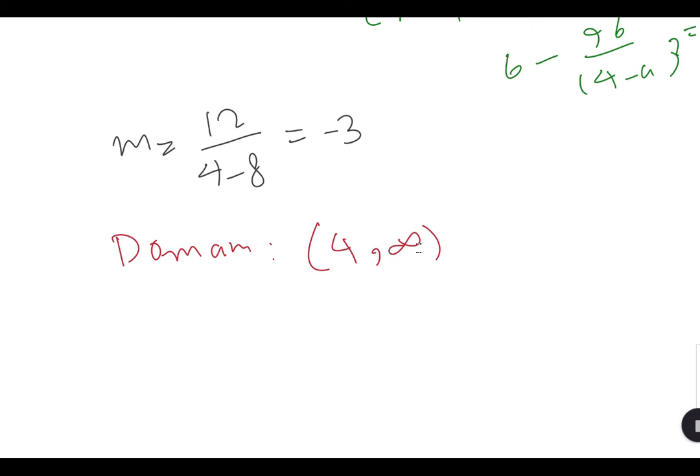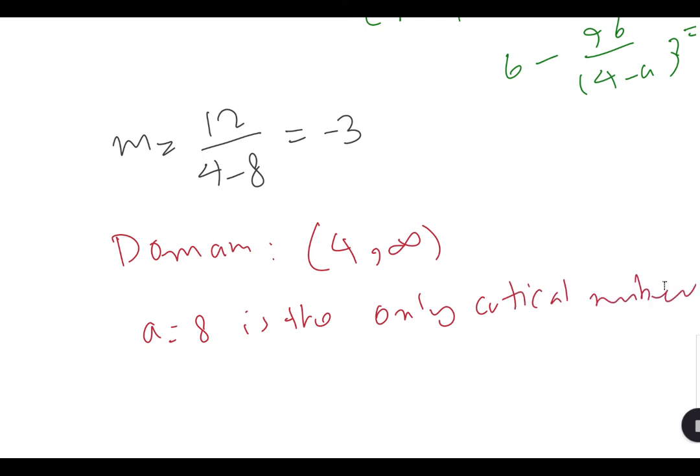And what is important here is that in 4 to infinity, a equal to 8 is the only critical number. So if I draw the f prime, the sign only changes at 8 when we're in between 4 and infinity.